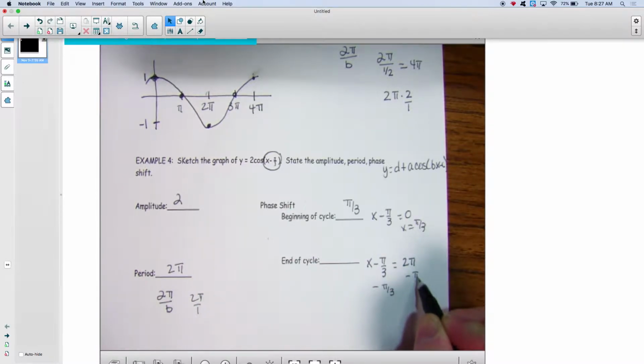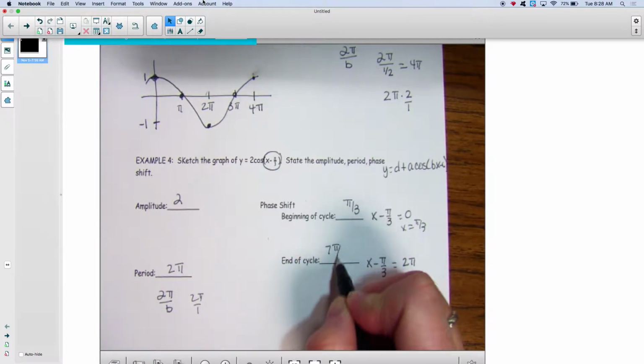And it's going to end at, here's where you're going to have to become really good at fractions. So I've got 2 pi, add 1/3 pi. Well, this is 6 pi over 3, plus 1/3 pi, 7 pi over 3.